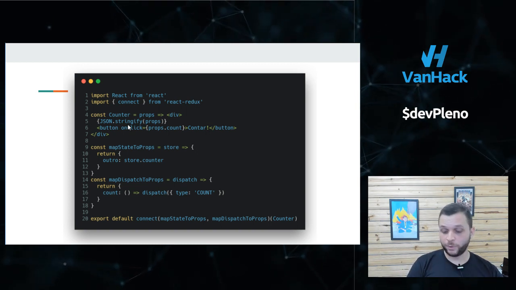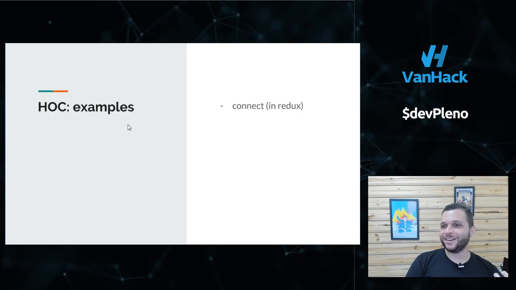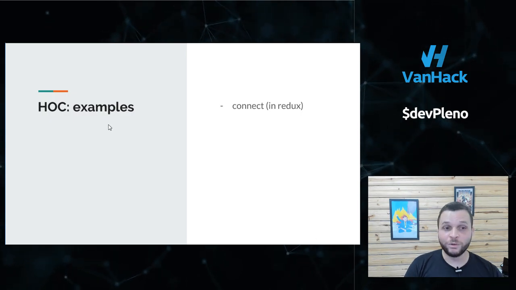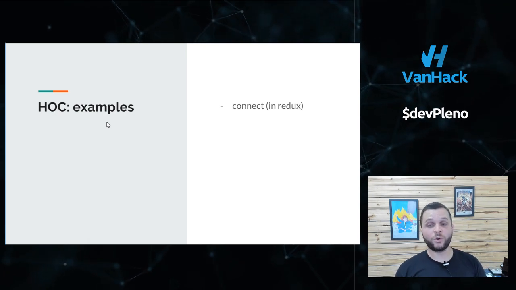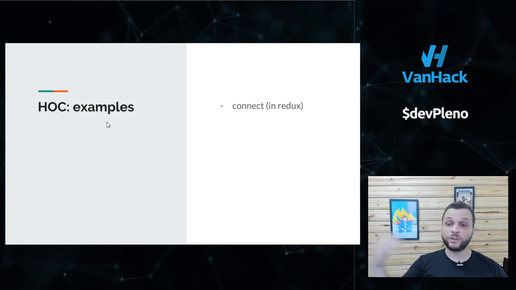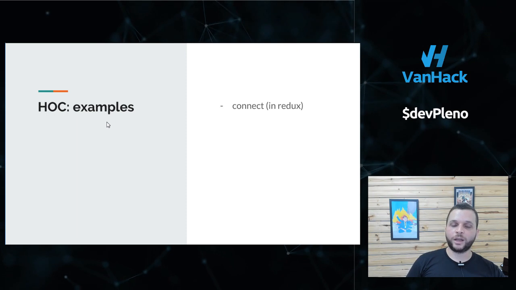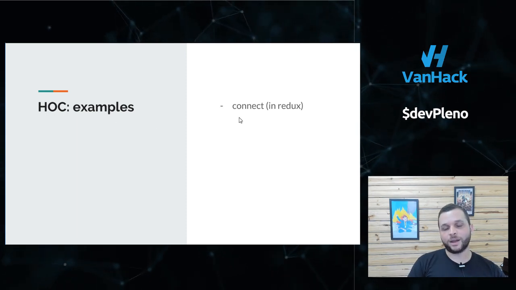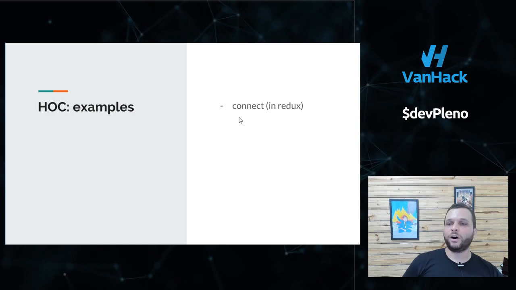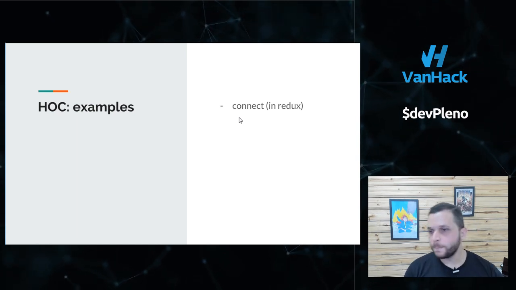So it's pretty useful, and if for some reason you are asked for examples in the market where we can use higher order components, we can talk about connect. It's a very nice example of a higher order component. Okay.